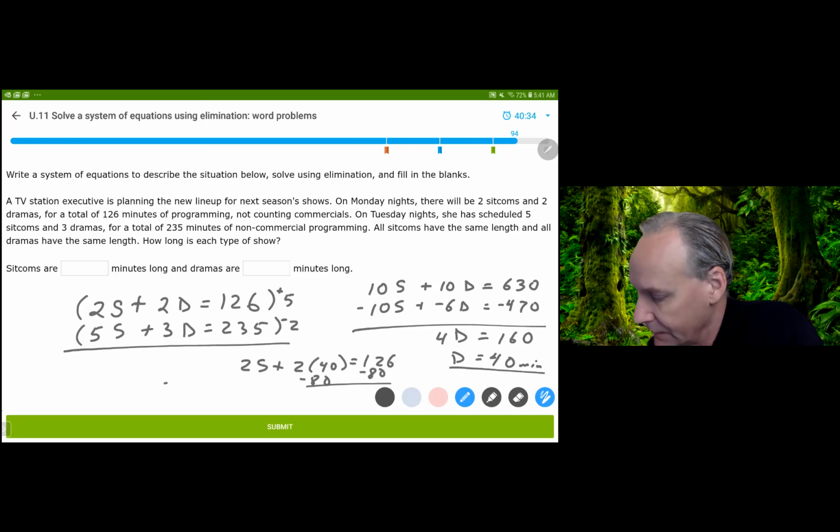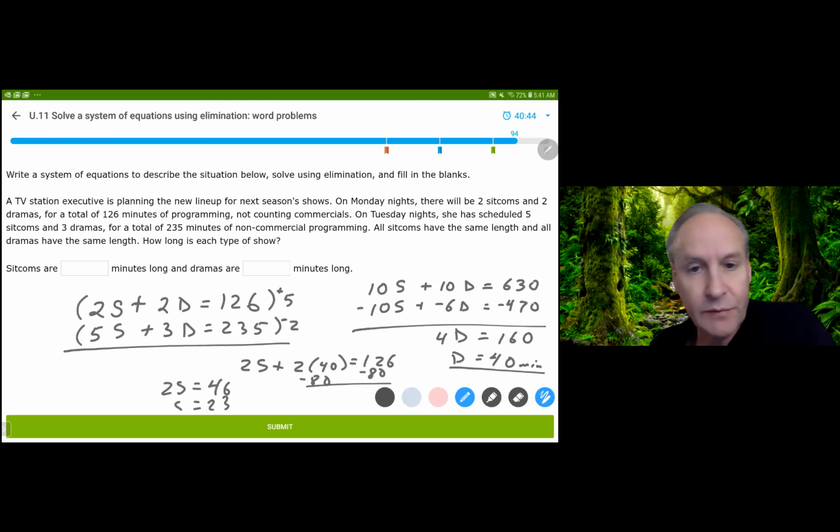And we get 2s is equal to 46. And when we solve it, we get s is equal to 23, which is pretty reasonable. Sitcoms seem to be about 23 minutes long with lots of commercials, and dramas are about 40 minutes long. Yeah, it seems right. But of course, it's always a good idea to check it. Since I used the top equation, I'm going to put it into the bottom one to check it.